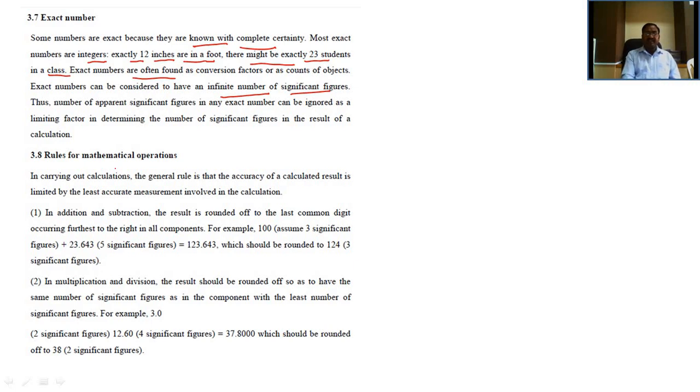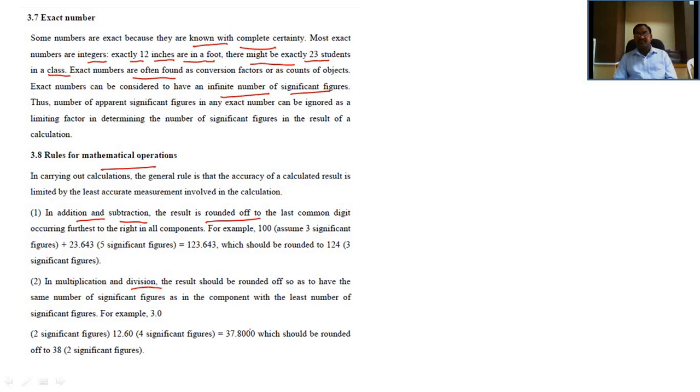Rules for mathematical operations. Certain rules are followed for mathematical operations. In additions and subtractions, the result is rounded off to the last common digit occurring furthest to the right in all components.